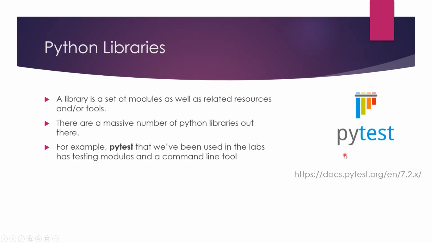We didn't import it in the code. If you notice in the labs, we don't import it, but we use the command line tool that comes with it. It is possible for us to import PyTest within our code and use its modules, but a library is not only modules. A library can be modules and other things like command line tools.